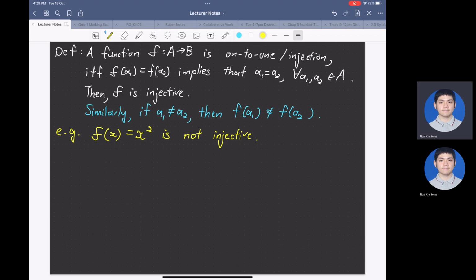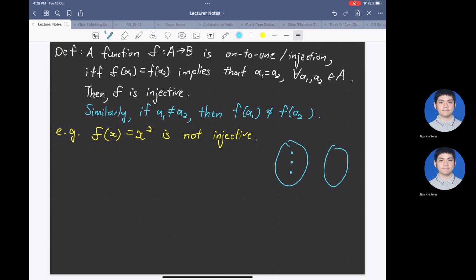Okay, maybe draw picture is easier. So injective, you want one to one. If you have a map like this, then this is two to one.